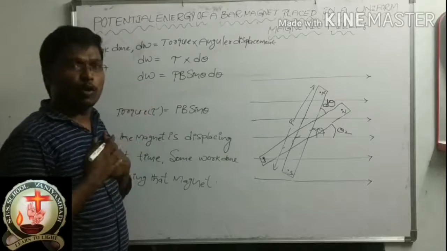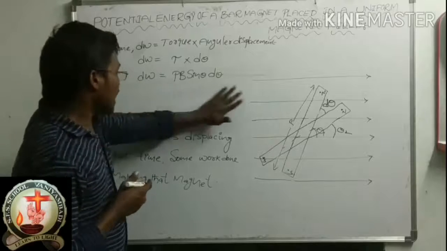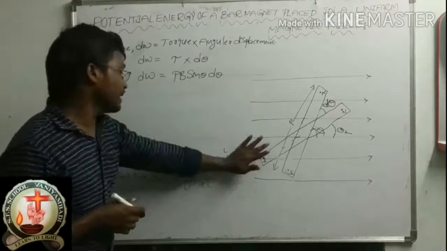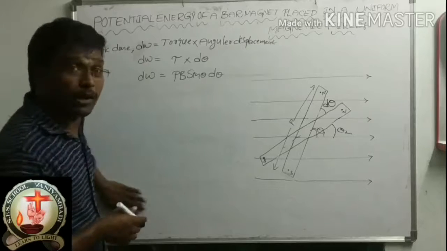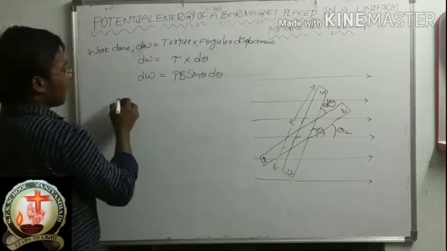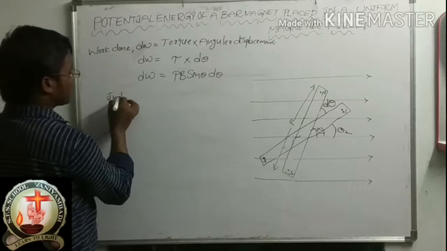I want the total work done value. I don't want the small work done. So I am integrating on both sides, because I need the total work done. Integrate on both sides.